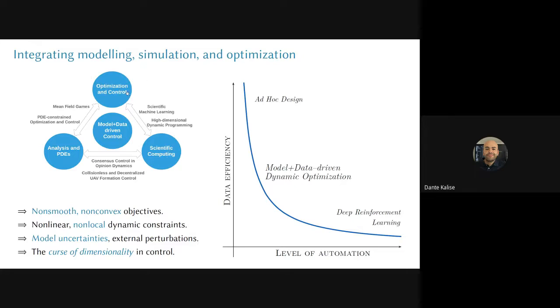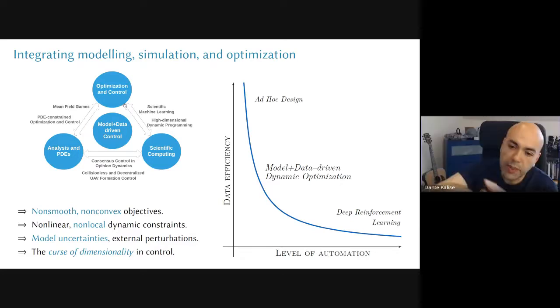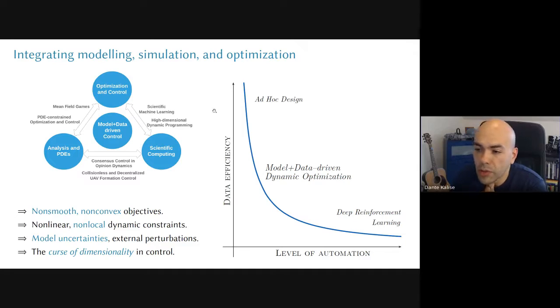And on top of it, the design of the control signal that I want to put into the system to influence it is done with what we call optimization and control. So it's hard to say what this is really about. It's really about the interplay between scientific computing, optimization, and modeling. So there are different keywords there.